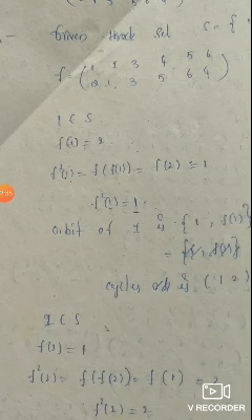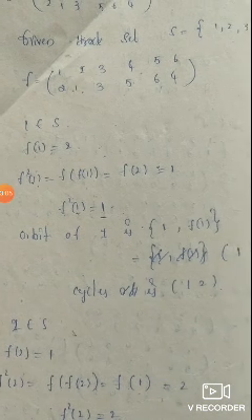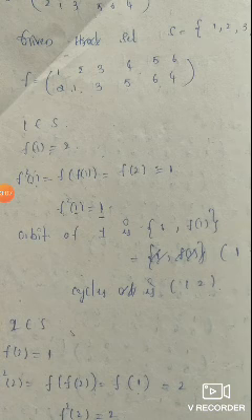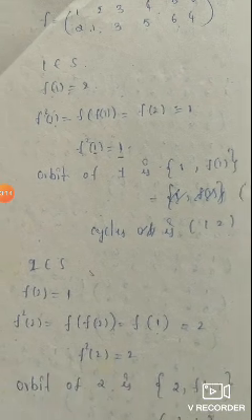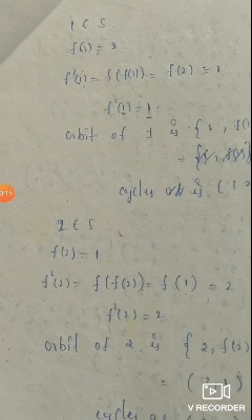The element in brackets is equal to the same element, so here we stop and write the orbit. The orbit is 1, f(1), and the cycle is (1 2).